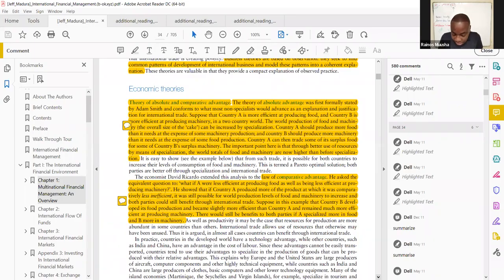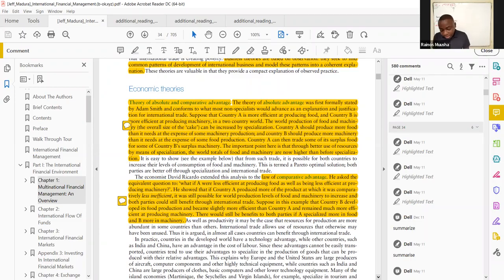Suppose country A is more efficient at producing food and country B is more efficient in producing machinery in a two-country world. So the world production of food and machinery can be increased by specialization. Which means in this case, country A should produce more food than it needs at the expense of some machinery production, and country B should produce more machinery than it needs at the expense of some food production.